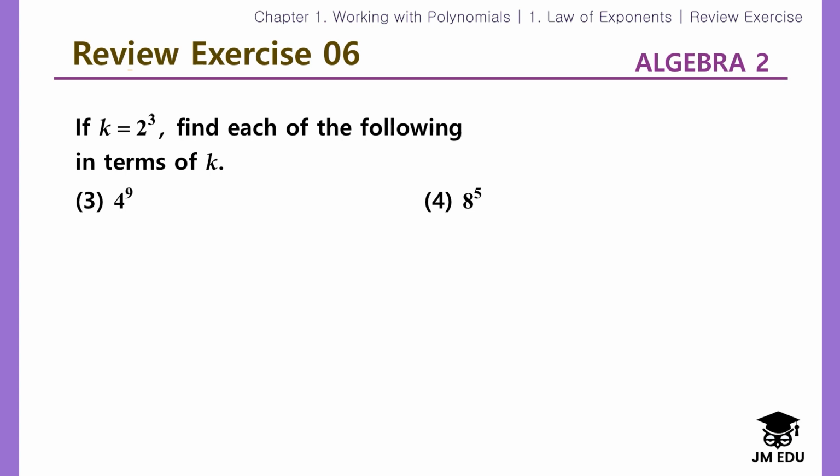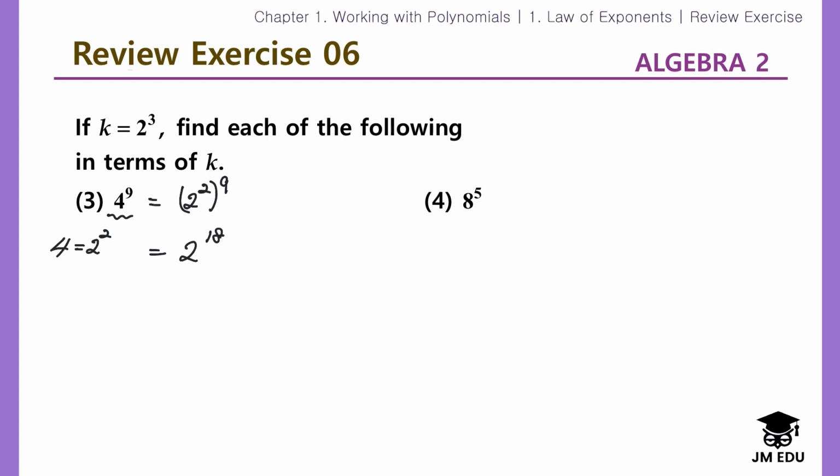Number 3, we have base 4 to the power of 9. 4 is 2 times 2, 2 squared, right? So that is equal to 2 squared to the power of 9. So that's 2 to the 2 times 9, 18.